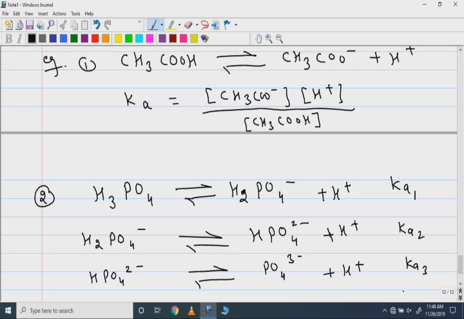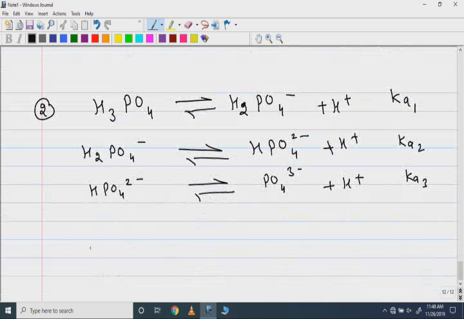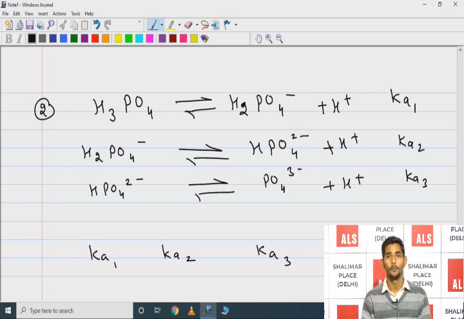Now the question is, guys, just look at the screen. If I would like to compare Ka1, Ka2 and Ka3, what should be the order? Which one will have the highest dissociation constant, and which one should have the lowest dissociation constant? What do you think?